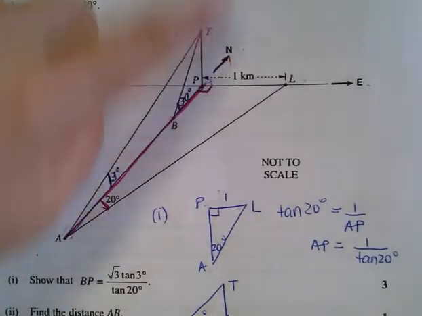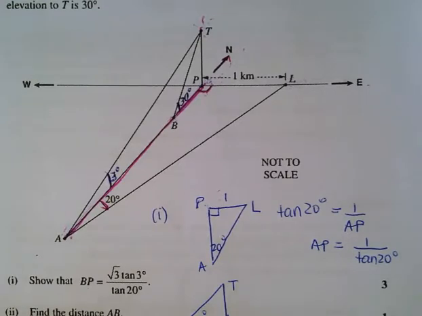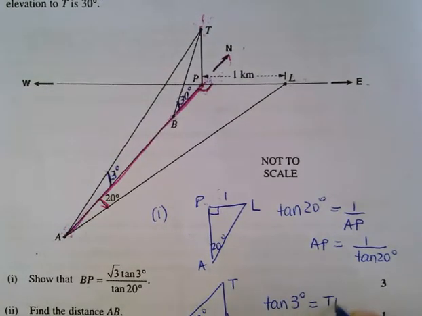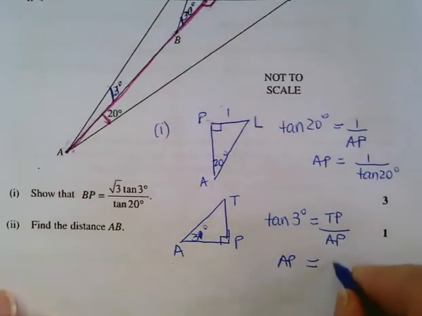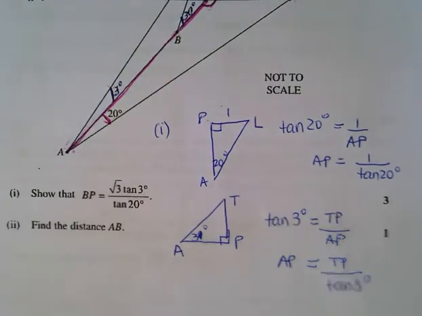You see what I'm doing? I can come up with an expression for AP there. What would this be? Tan of 3 degrees is TP over AP. So AP is TP over tan 3.